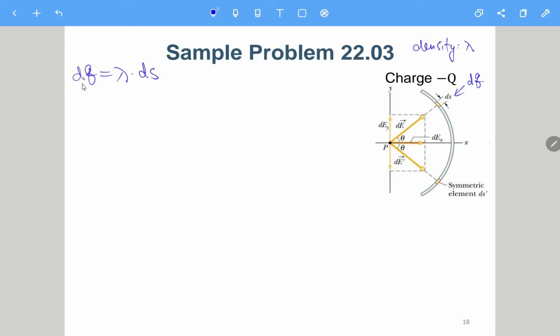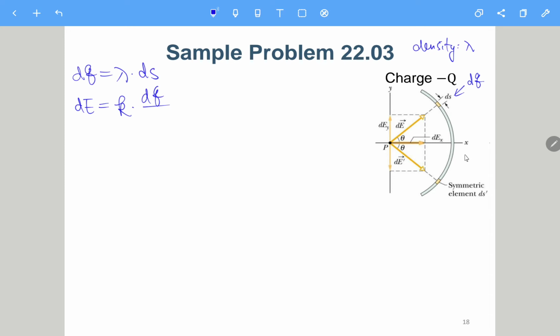Okay, so in this case, the dE generated by this small segment on point P, which is the center of this arc, will be dE equals k times dq over the radius squared.